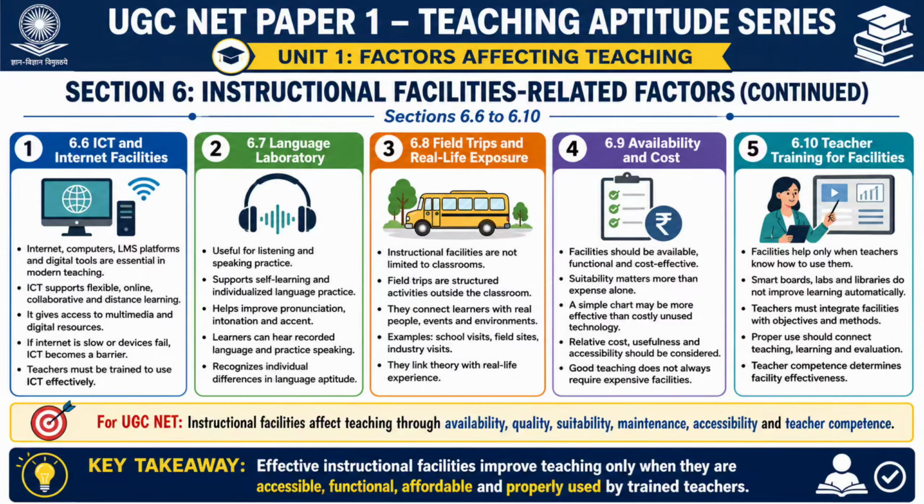Internet access, computers, learning platforms, and digital tools have become important in modern teaching. ICT enables flexible learning, online learning, collaborative learning, distance learning, and access to multimedia resources. However, ICT facilities must be reliable. If internet is slow, projector is not working, or teachers are not trained, ICT becomes a barrier instead of support.